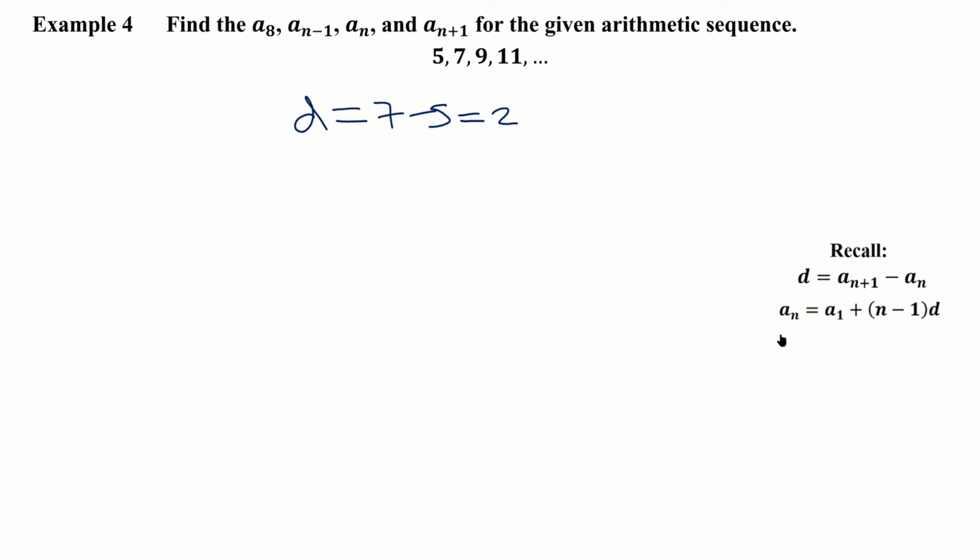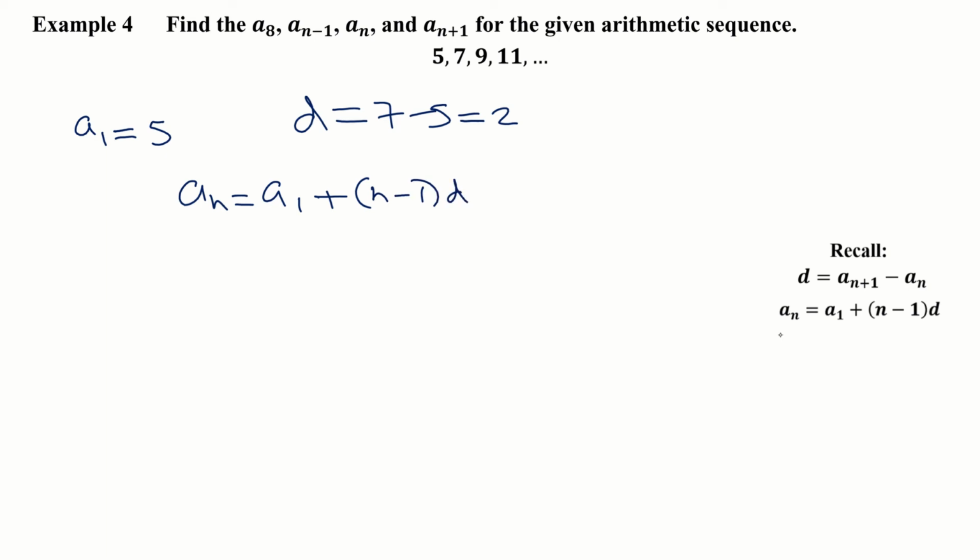So I get An is equal to A1 plus quantity n minus 1 times D. Let's go ahead and mention the fact that A1 is equal to 5 as well.